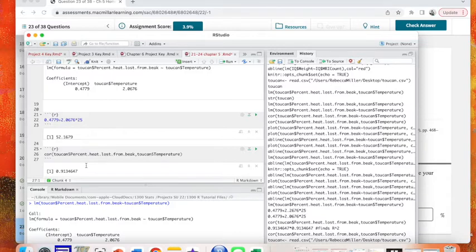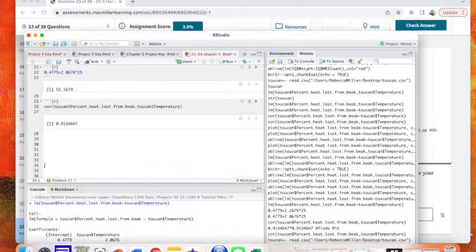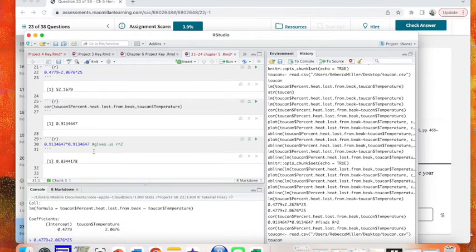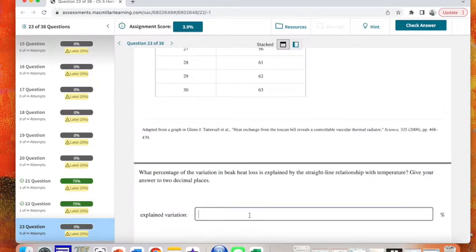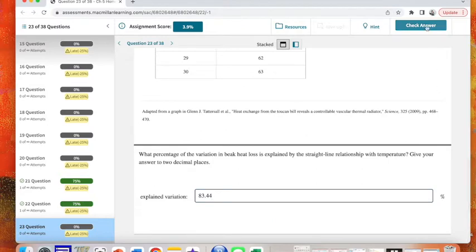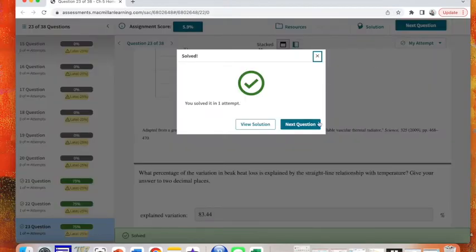So there I've got my correlation, and what I need to do is square this. This is my R, and I'm going to square this. So I'm going to copy it, because, you know, copy paste is your friend. And I'm going to multiply it by itself. This gives us R squared. And I've got 0.8344. So that would be 83.44%. We can check our answer. Cool, we're right again.